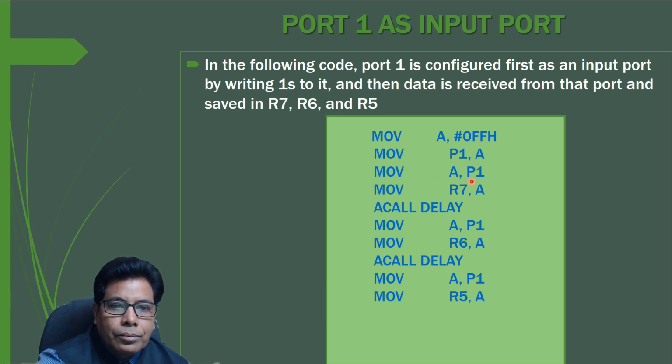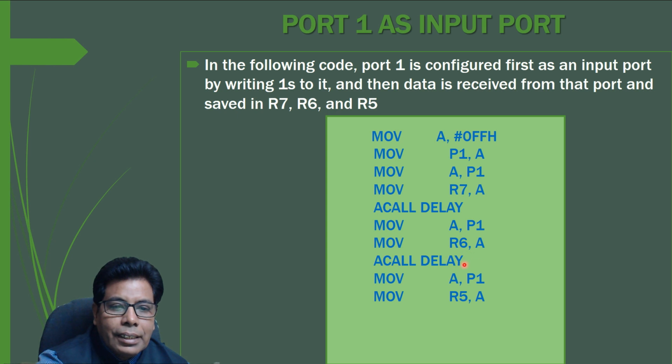Then we copy port 1 to A and then move A to the R7 register, so it will be saved in R7. Then we give a delay. Then again we take port 1 and copy it to A, and then A is copied to R6, so it will be saved in R6.